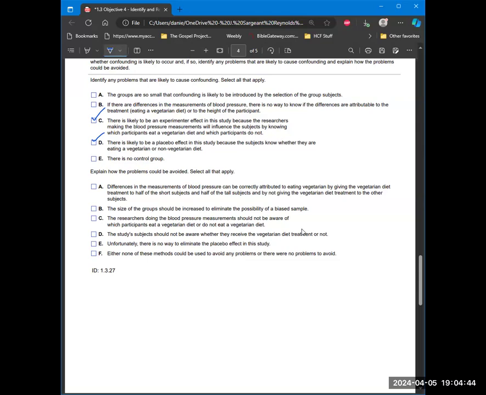The size of the group should be increased. No, that's fine. The researchers doing the blood pressure measurement should not be aware of which participants eat a vegetarian diet and which eat a non-vegetarian diet. That's it. That's called blinding. We should be doing that. The study subjects should not be aware of whether they receive a vegetarian diet treatment or not.